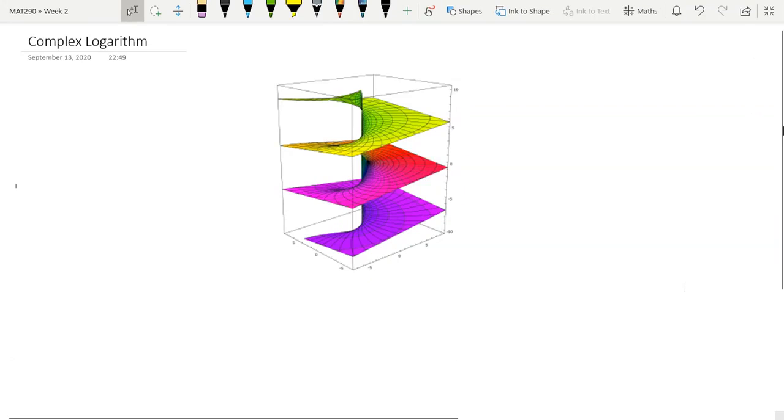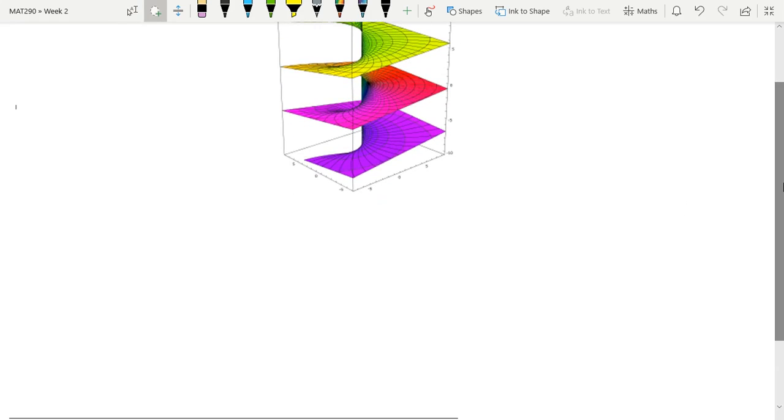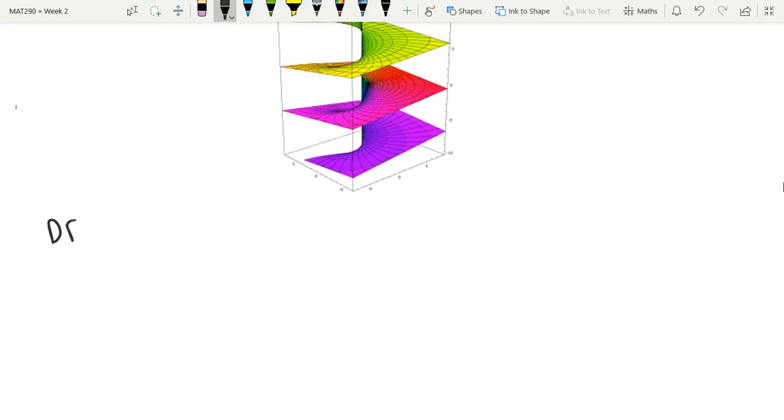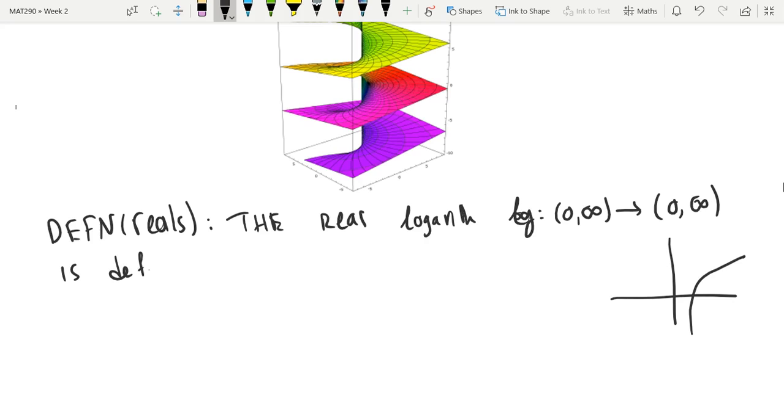Okay, so let's talk about the complex logarithm. First, let's recall for the reals, the real logarithm, going from 0 to infinity to minus infinity, is defined as the inverse of the exponential.